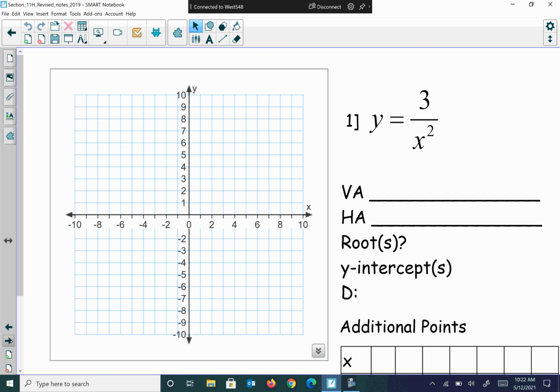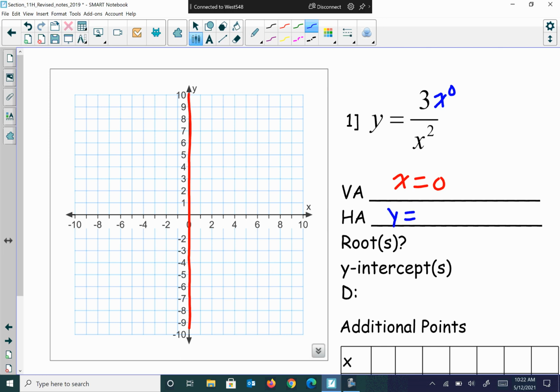All right, so if I have x squared in the denominator, my vertical asymptote is going to be x equals 0. My horizontal asymptote, and this is where students start getting caught up a little bit. Do you agree that this is x to the 0 right next to it? So the degree on top is less than the degree on bottom.